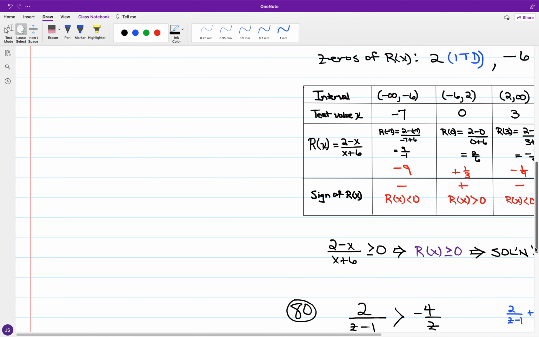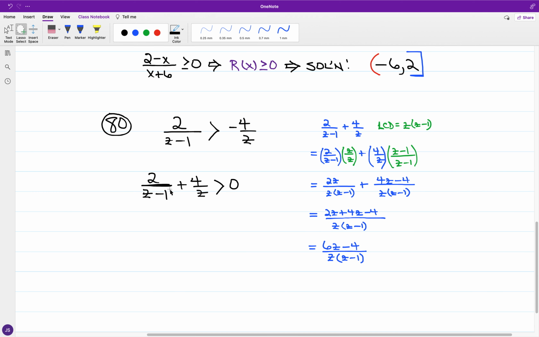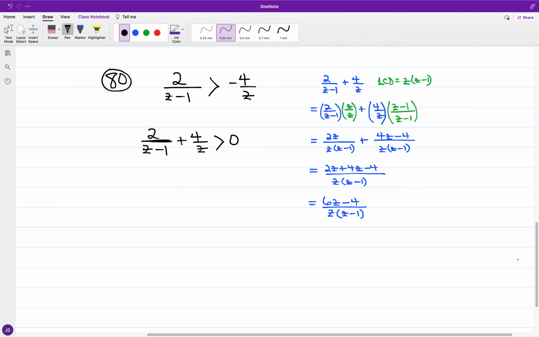So for the transition, we had a comparison of ratios, then I wrote this as a sum of ratios compared to 0, and then performed the operation and consolidated.